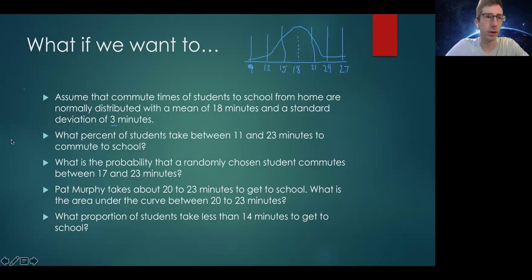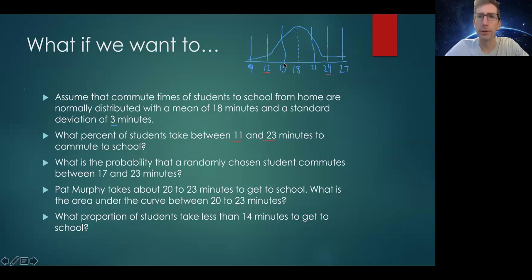Okay, so we want to see what percent of students take between 11 and 23 minutes to commute to school. So let's try to find the area under the curve. 12 and 24, right?